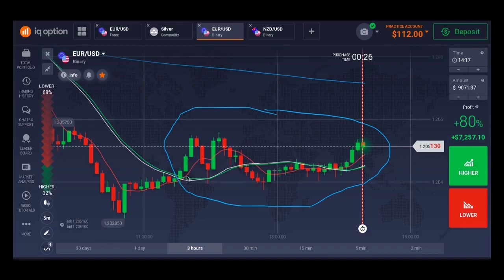You avoid buying a trade when the blue moving average is above the green, white and red moving average. Don't buy a trade. You wait for a sell signal, then you sell. You don't buy a trade. You wait for a sell signal, you sell.